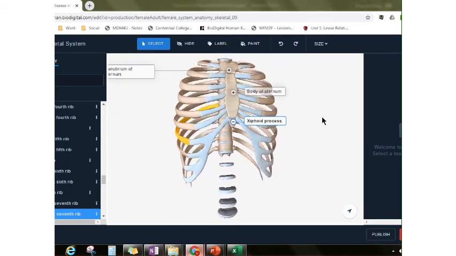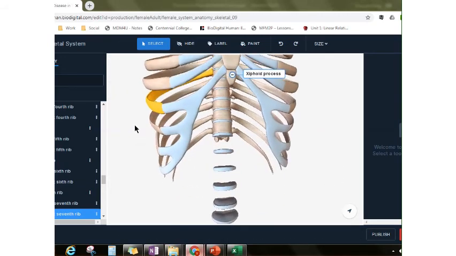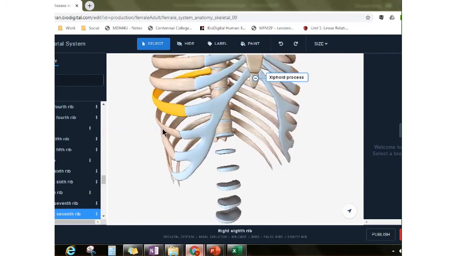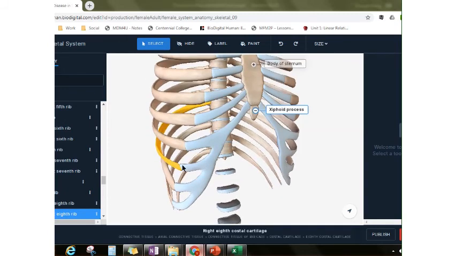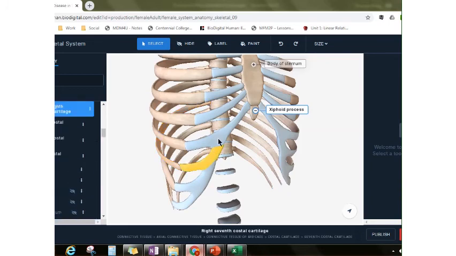The next 5 are what we call false ribs. Okay, so let's take a look at number 8. Number 8 does not connect directly to the sternum. Rather, its costal cartilage is going to connect to the costal cartilage of number 7, and then it's going to go to the sternum, right?